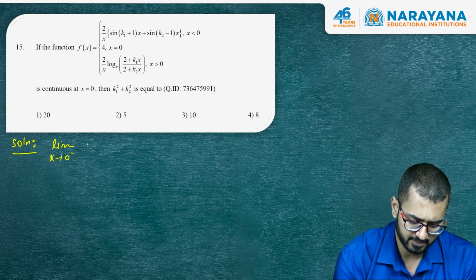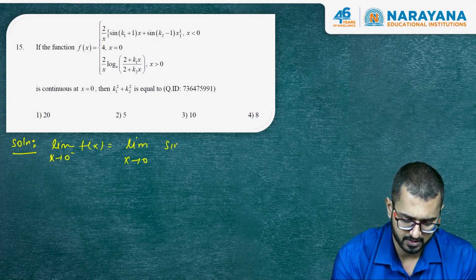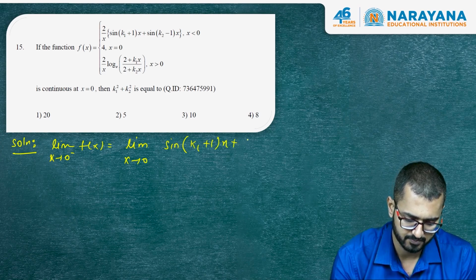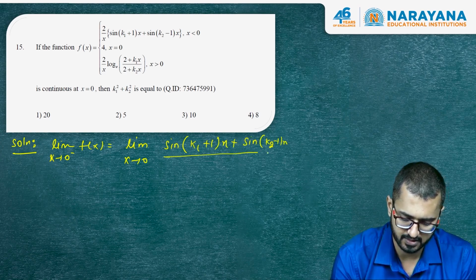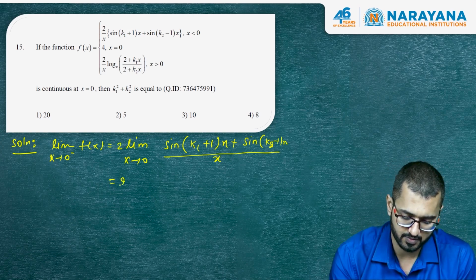So for the left limit I'll be having limit x tends to 0 of sine of (k1 plus 1)x plus sine of (k2 minus 1)x upon x, and here 2 will be outside waiting. And now we know it's of the standard form, so in the standard form you can simply write down the coefficient as the answer.